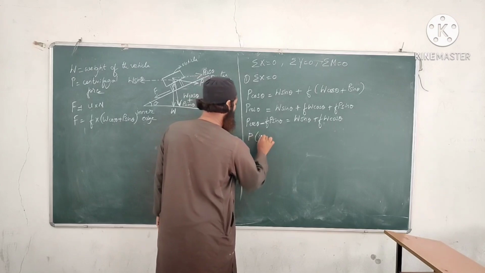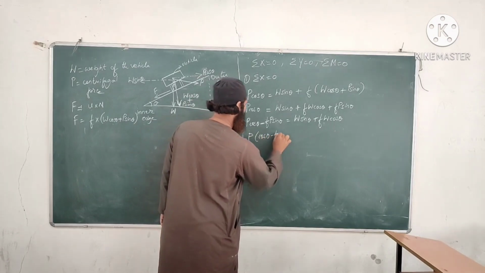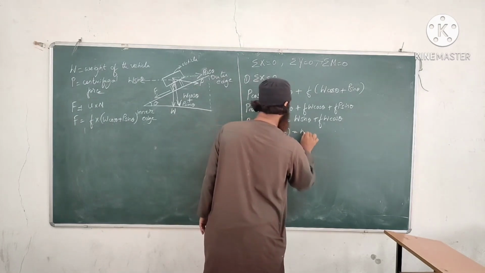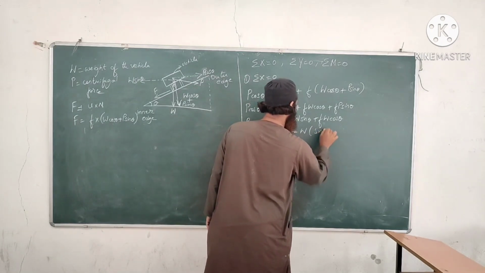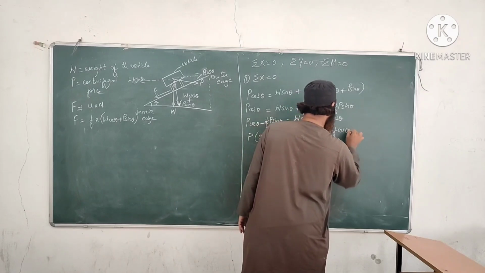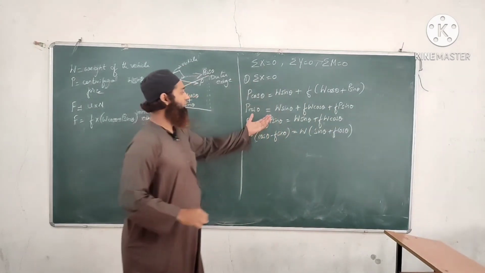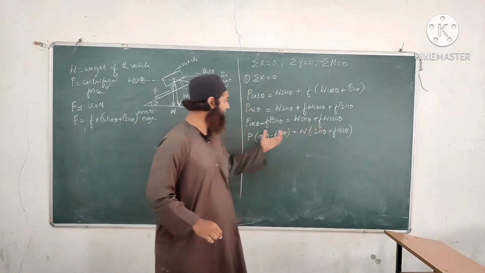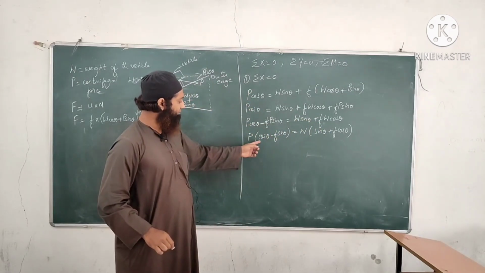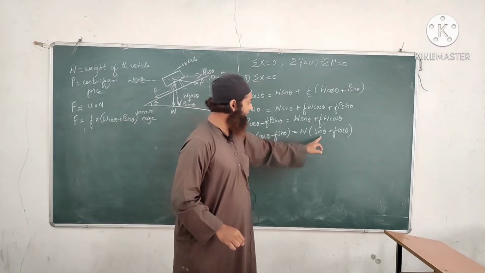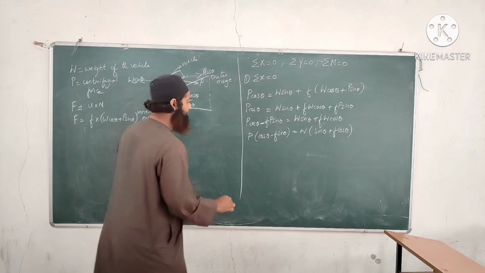P into cos theta minus F sin theta is equal to W into sin theta plus F cos theta. I have just taken all the terms of P to one side and all the terms of W to one side. I have taken P as common, getting cos theta minus F sin theta. Here W as common, sin theta plus F cos theta.